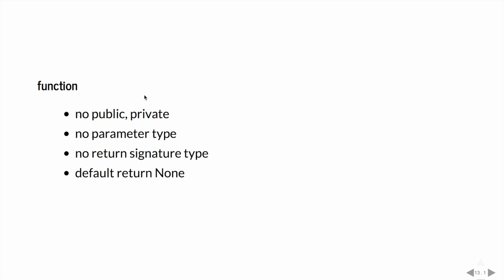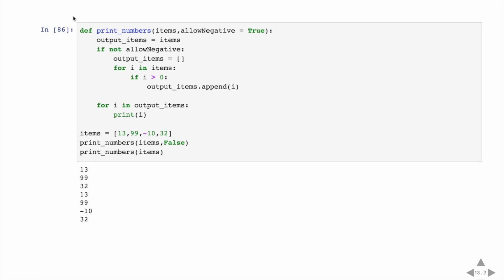So there's no public void type of thing like in C sharp. So how do you define a function? You just write def and then the function name, and the naming convention is lowercase with underscore-separated words, and then each of the parameters, and you do default parameters the same as C sharp, equals whatever.